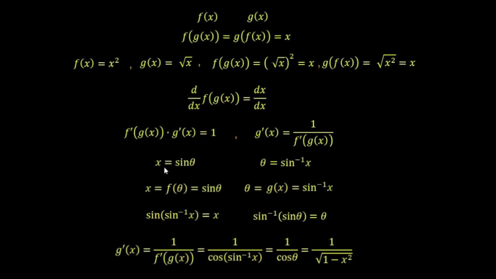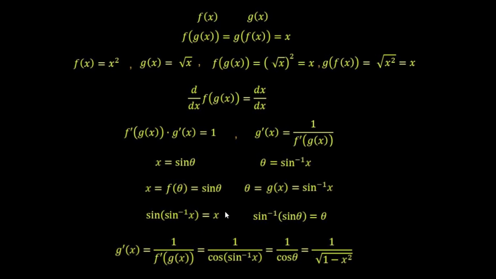So we have x is equal to sine of theta, that is, we go from angle to length, or we can have theta is equal to inverse sine x, that is, we go from length to angle. And we can generate the functions x is equal to f of theta, such that it equals sine of theta, and theta is equal to g of x, such that it equals inverse sine of x.